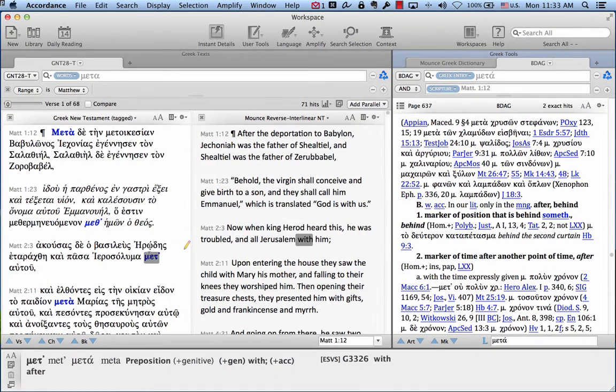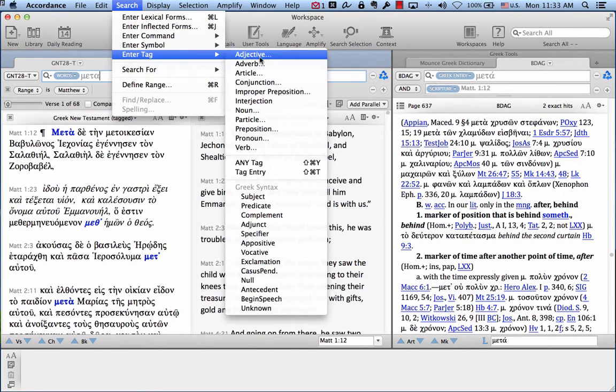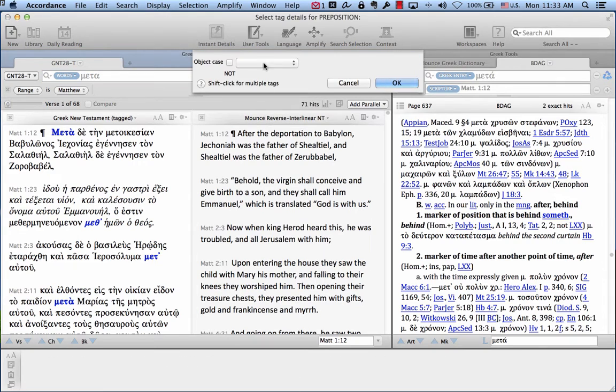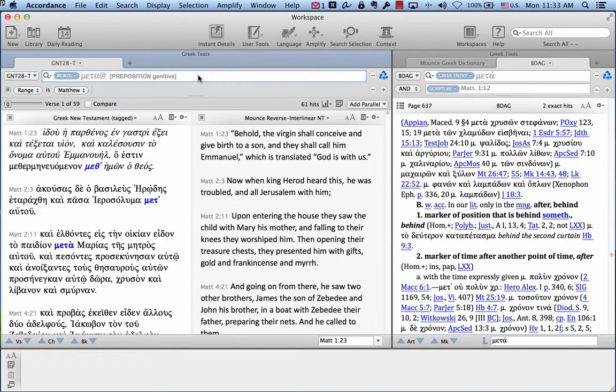Now, one of the interesting little things in Accordance you can do is look at all of the places in which meta is followed by an object in a certain case. So you go down to search, enter tag, and you go down to preposition, and you say here, I want the object of the case to be, we'll say genitive. And so it fills out the code for you, and you do your search.